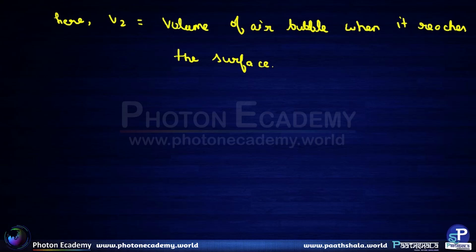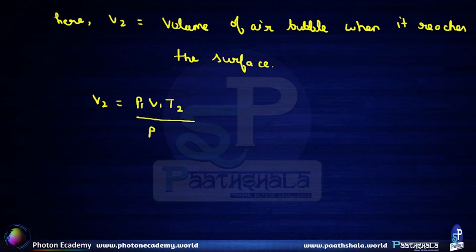So the value of V2 will be equal to P1 V1 T2 upon P2 T1. We know all the values, and we will substitute all the values here.